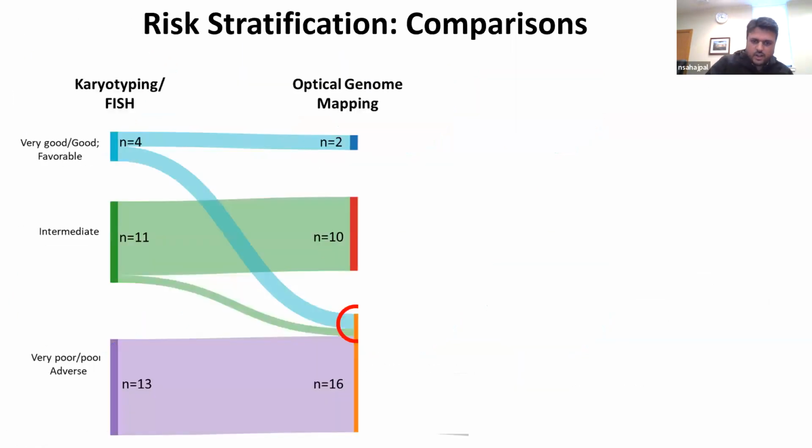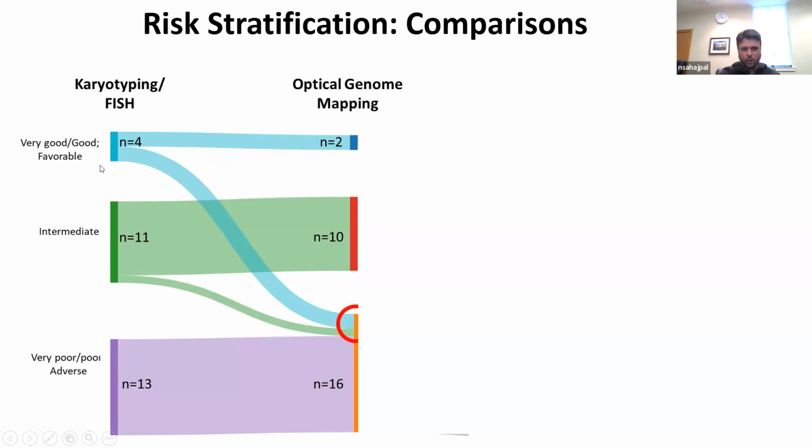All right, coming back to the outcome data, what you see here is the risk stratification with karyotyping and FISH. And what I have done here is that I combined the favorable with very good and good from ELN and IPSS-R. Intermediate remains intermediate, and the adverse in ELN risk stratification is combined with very poor and poor with IPSS-R.